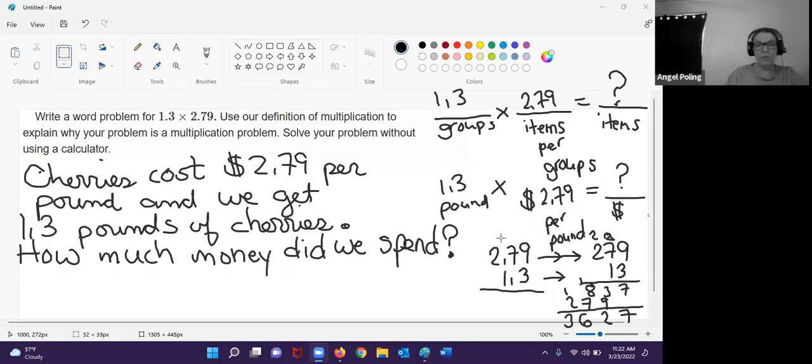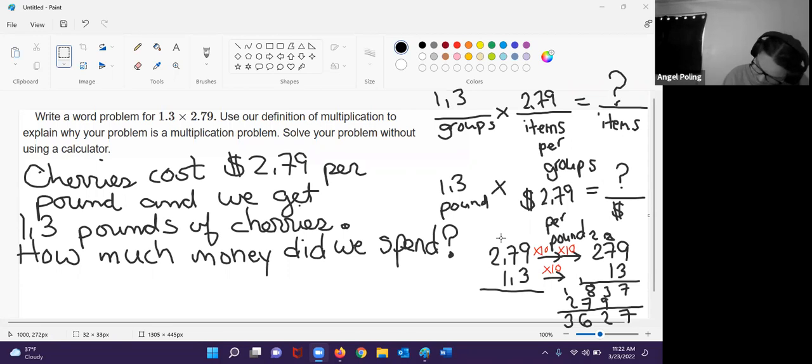Now I went and multiplied by 10 3 times. Now I have to divide by 10 3 times. Okay, so going back, I'm going to put this in a smaller font for you. So we did times 10 to ignore the decimals, and we did times 10 to ignore the decimals.